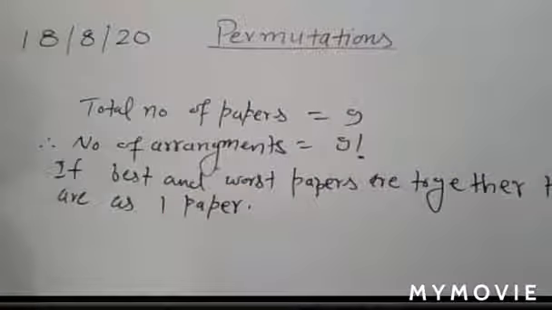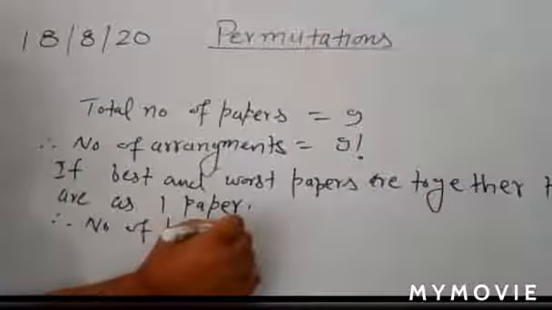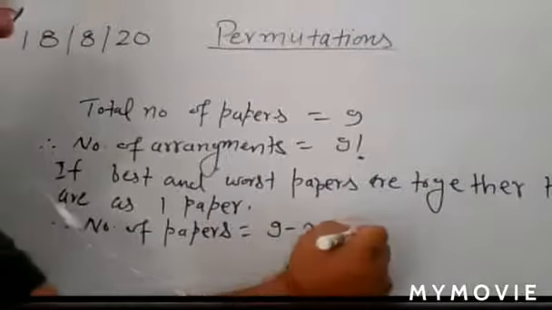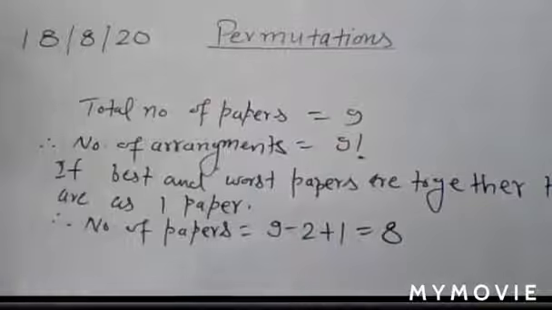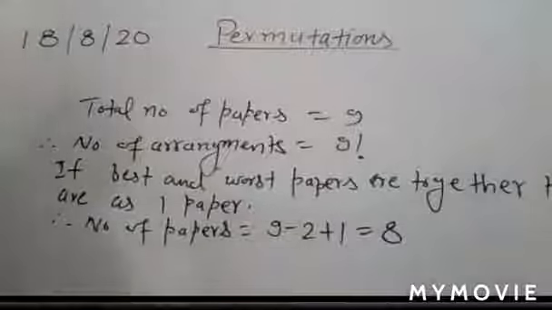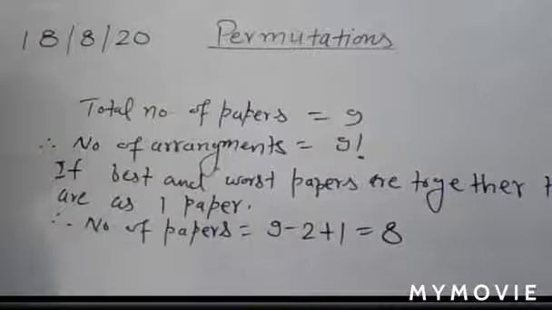So how many papers are there? 9 minus 2 plus 1, so that is taken as 8. You can write in this way. Understand? So the 8 papers can be arranged by factorial 8 ways.